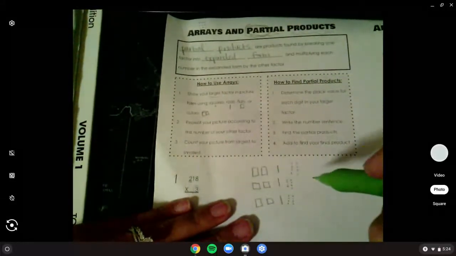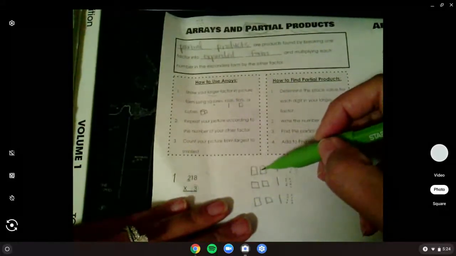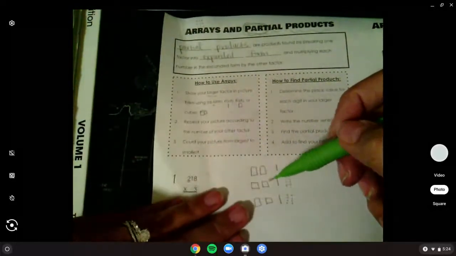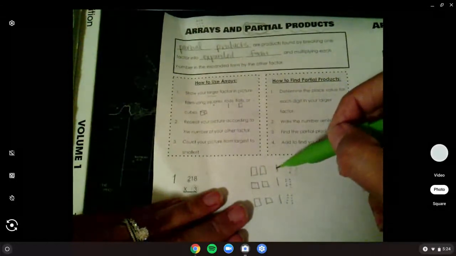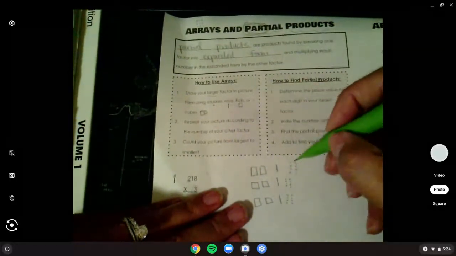Now, what I can do is count from largest to smallest. I want to go from largest to smallest in case I need to regroup any of my ones or my tens. So we always count. We don't write our number until we're very done. So let's go 100, 200, 300, 400, 500, 600. And I'm keeping that number in my head. So 610, 620, 630. Then I keep counting on.